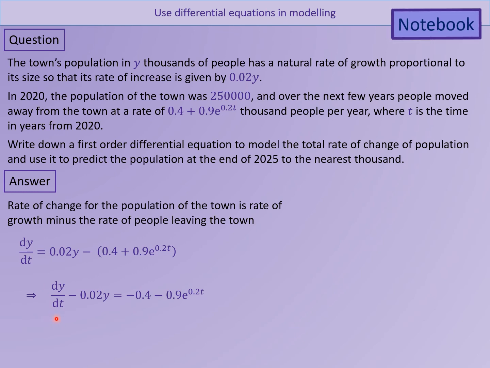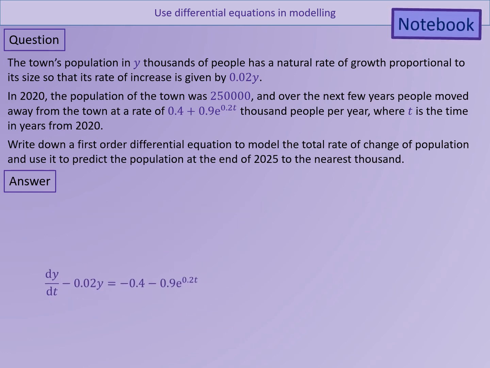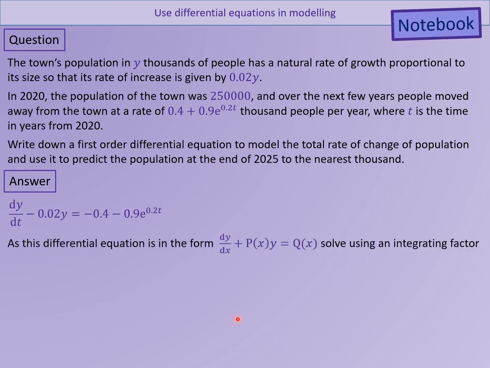I've noticed that I could write the equation as dy over dt minus some function of y equals some function of t over this side. And so because I can write it in that way, I could solve it using an integrating factor. Okay, so the integrating factor we're going to use, you need to learn this off by heart on how to find it, is going to be e to the power of the integral of minus 0.02.